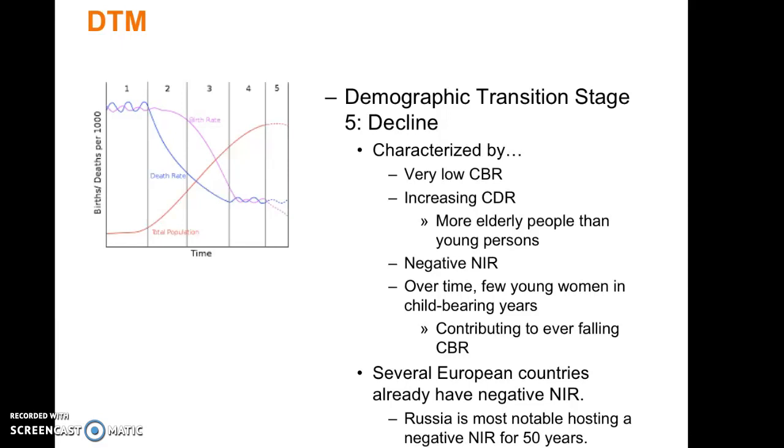So Russia has a negative population growth, or it's declining. Poland, Japan, Denmark. So there's a lot of countries that are struggling with their population size. And so they really need to have more immigration to make sure they have enough workforce, because we talked about that dependency ratio, right? So the dependency ratio is really, really high in stage 5, and it starts to get high in stage 4.